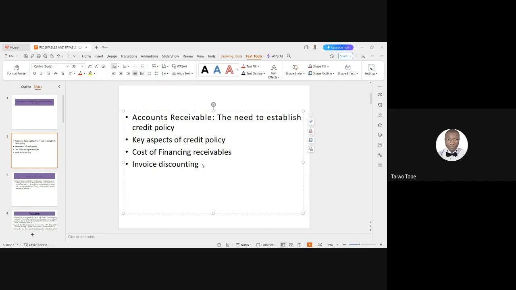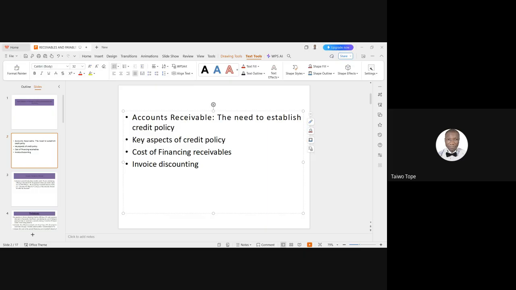So the determinant of your credit policy, one can be the demand for your products, and two, it can be the issue of competitors. When you have too many competitors and you want to keep surviving in the market, you can have a flexible credit policy. But where you are the king in the market, your credit policy can be very strict or tight. And also, the factors that can determine your credit policy, you can have the issue of risk of irrecoverable debt.